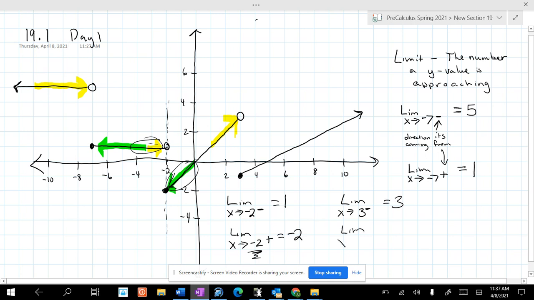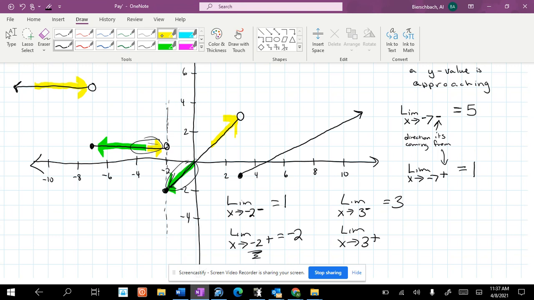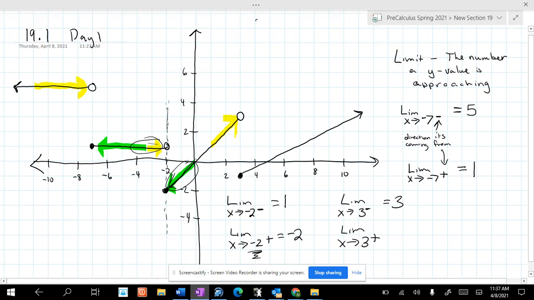The limit as x approaches 3 from the right. We're going towards 3 from the right. We're going to go on this line because this has an x value of 3. Okay, so you're looking at the x values. These are the x values, these are the y values.